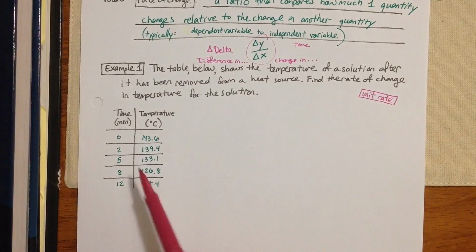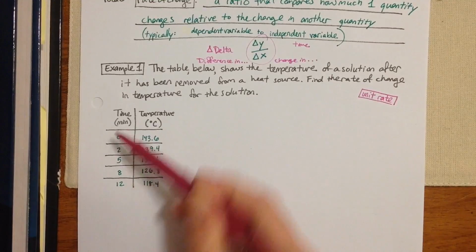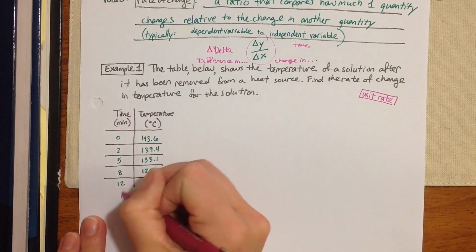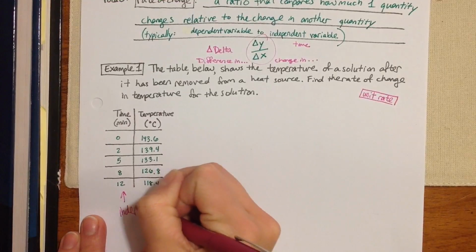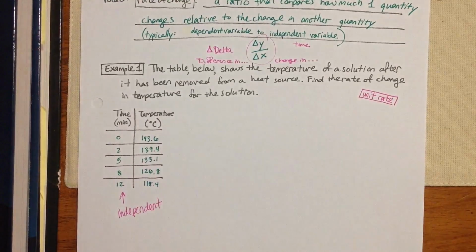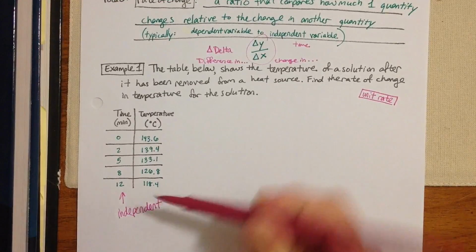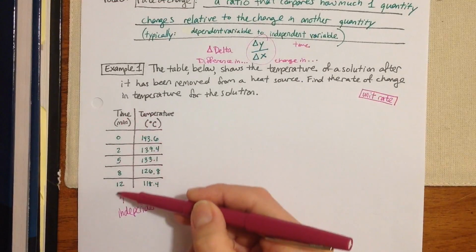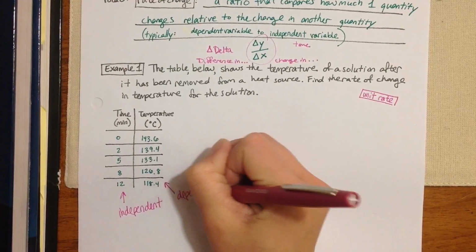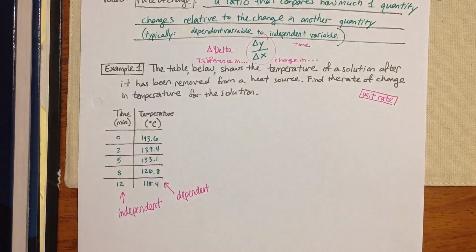I notice as time goes on, and remember I said time is usually a really good indicator of an independent variable, because we didn't say, okay, 12 minutes, go. We just let it happen. As the time is going along doing its thing, the temperature is changing dependent upon the time.